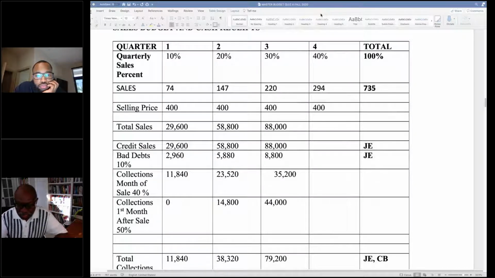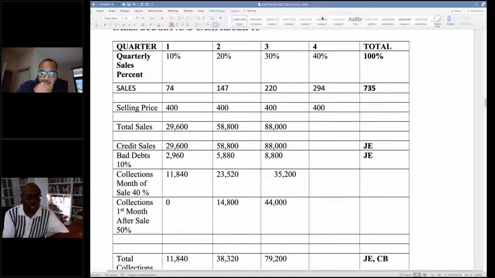Dash, you'll have selling expenses. And Abu, you come back to administrative expenses.